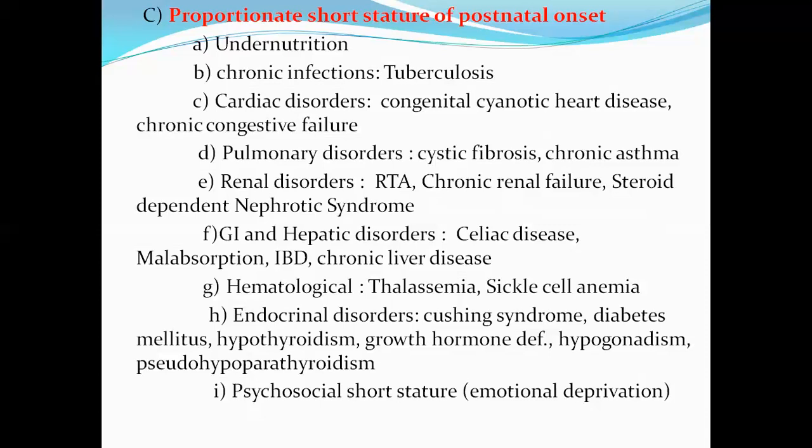Endocrinal disorders: Cushing syndrome, diabetes mellitus, hypothyroidism, growth hormone deficiency, hypogonadism, pseudohypoparathyroidism. Psychosocial short stature, that is emotional deprivation, is also a very important cause of short stature in our part of the country.